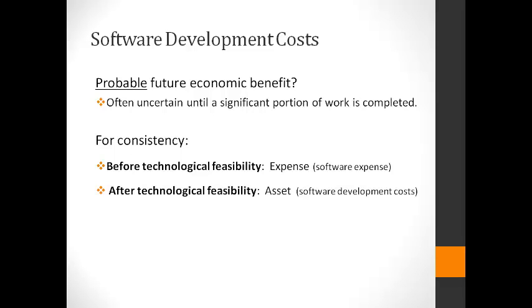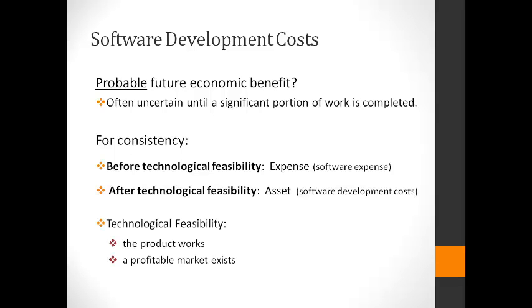Before technological feasibility, all costs are reported as an expense. After technological feasibility, all costs are reported as an asset, called software development cost. Technological feasibility is achieved when the product works, a market exists, and the product in development is expected to be sold at a profit.